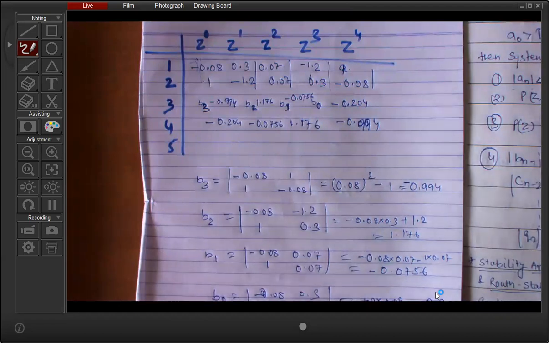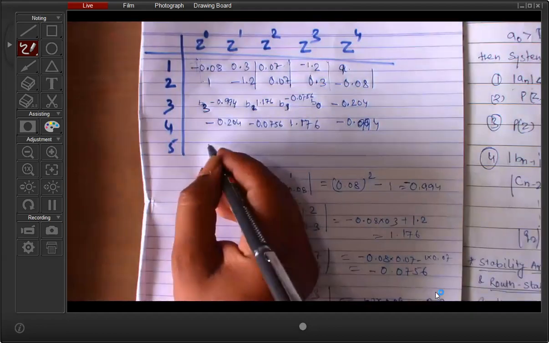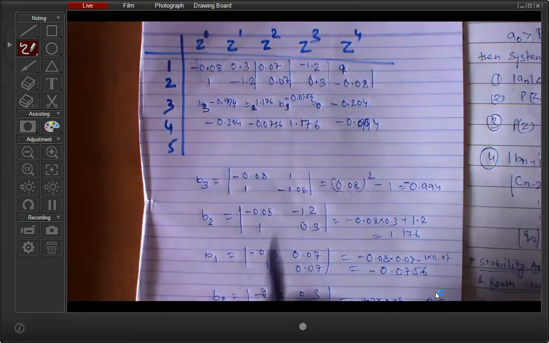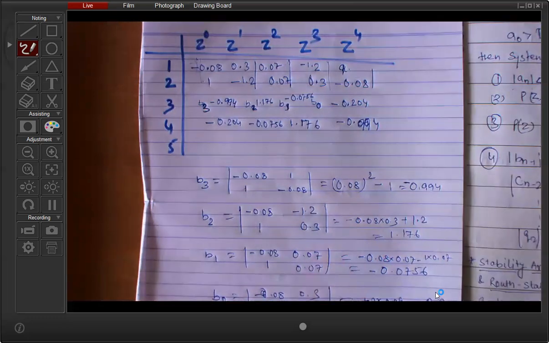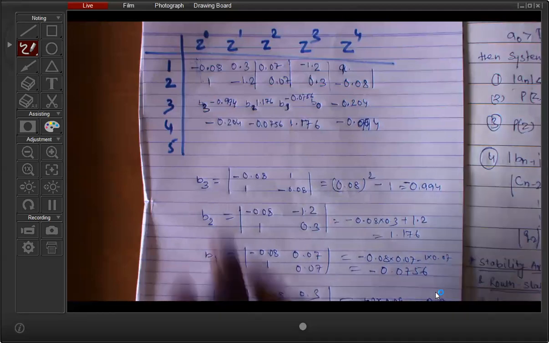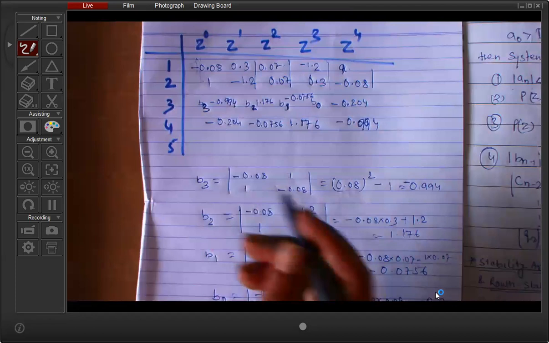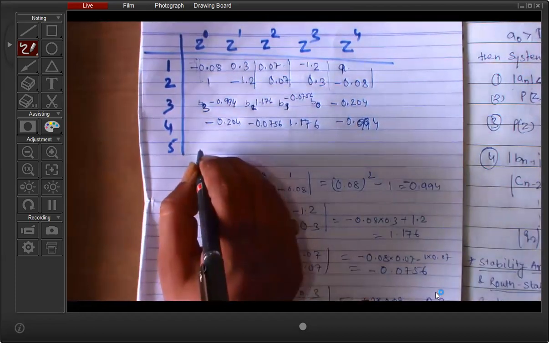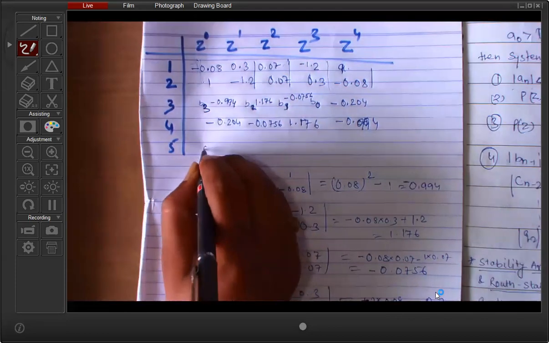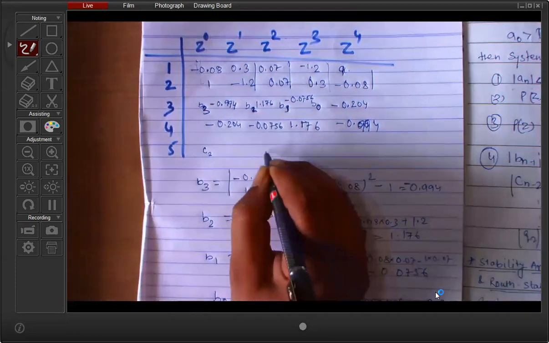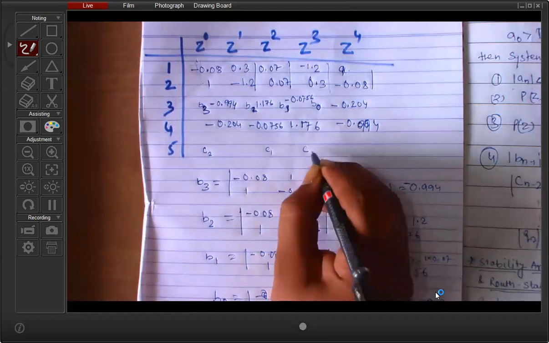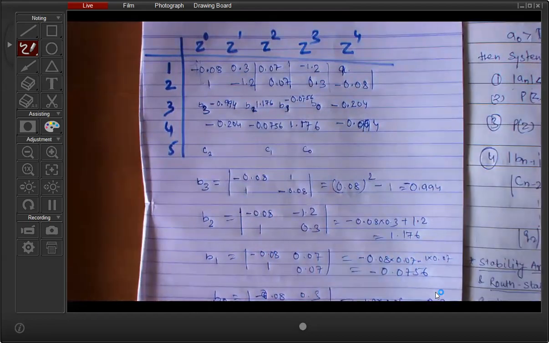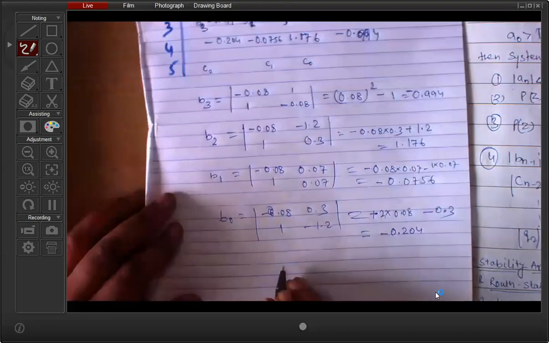No. Now we have to write down the fifth row. How many elements are there in the fifth row? 1, 2, 3, 4. The total number of elements is 3, starting from C2, C1 and C0. So again, what is the value of C2?